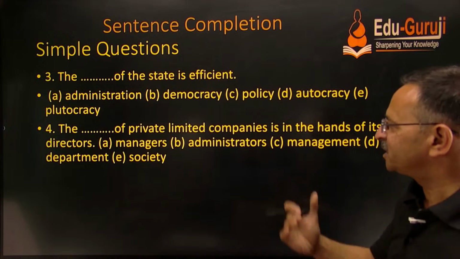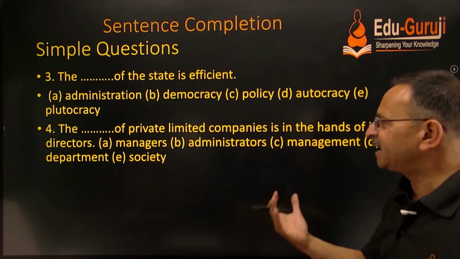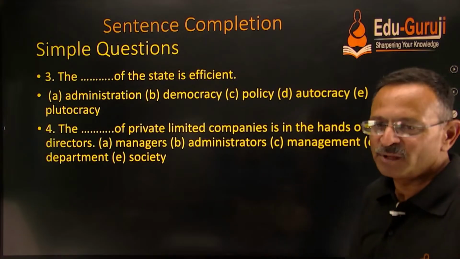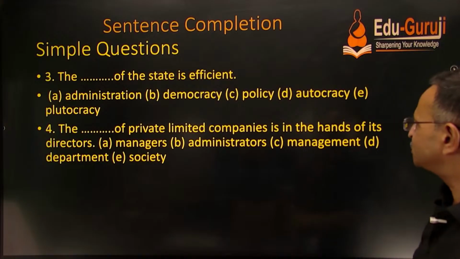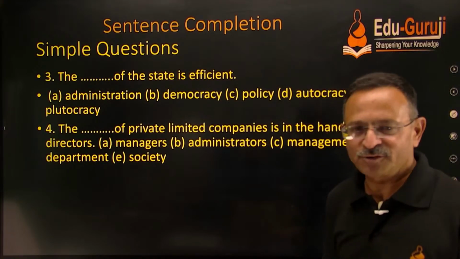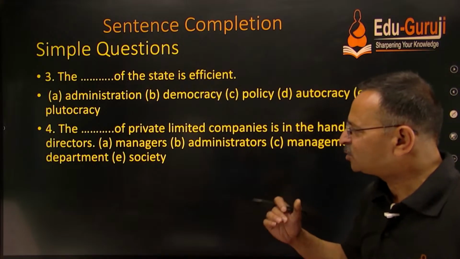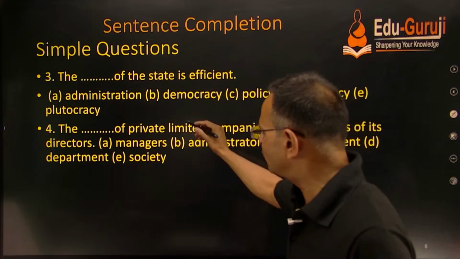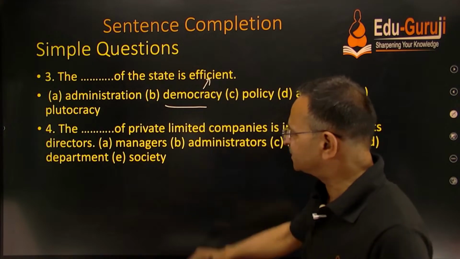Then again, now we have another question, which is, let's see, the state is efficient. Now what can come? Should we use administration? Should we use democracy? Should we use policy? Should we use autocracy? And should we use plutocracy? So you can see three terms look pretty odd, or they do not go well with efficient.